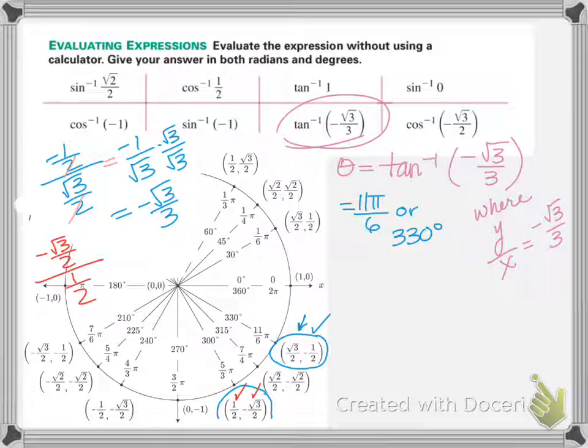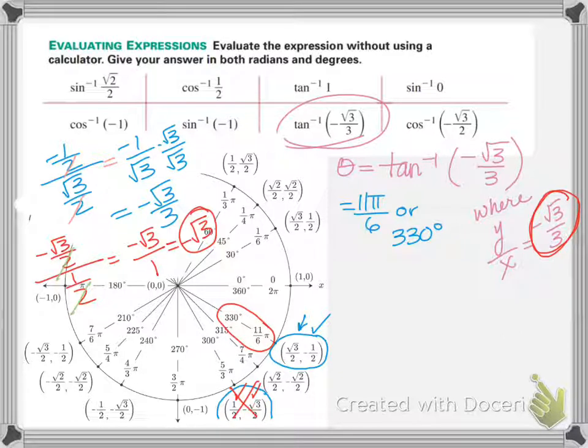Well, notice that when you cancel out the 2's, you're left with negative square root of 3 over 1, which is negative square root of 3. We wanted negative square root of 3 over 3. That's not the same thing as negative square root of 3. So that's why this one ended up not working. So 11 pi over 6 was our answer for that one.